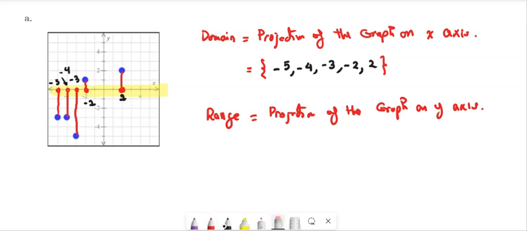Let me get rid of this for a moment and see where the y-axis is. The y-axis is right here, the vertical line, so the only projection you can do there is a horizontal projection, the shadow horizontally. So that's going to be 2, and this one is going to be 1.